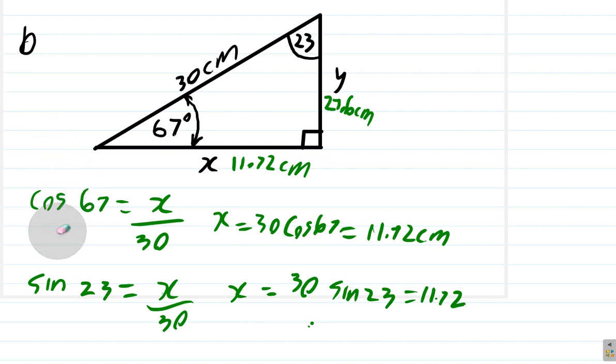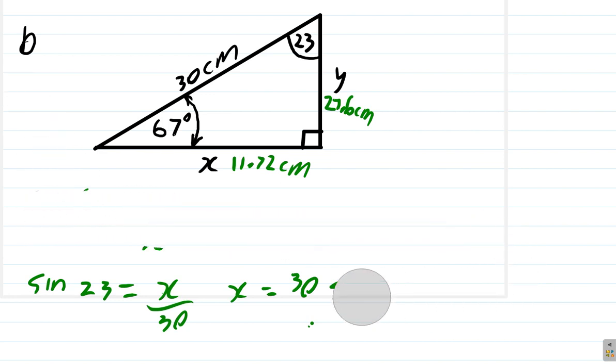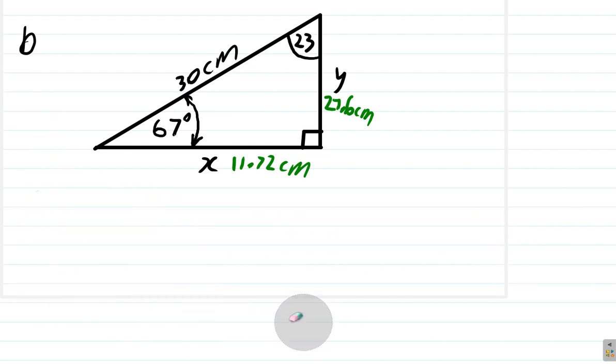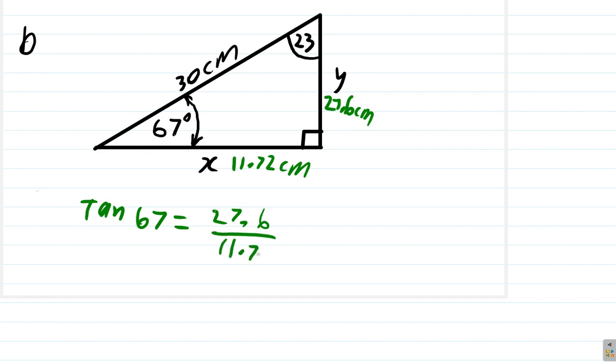Now, you could use tangent and say the tangent of 67 is the opposite, which is 27.6, over the adjacent, which is x.